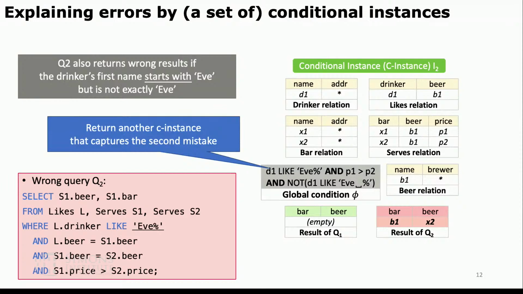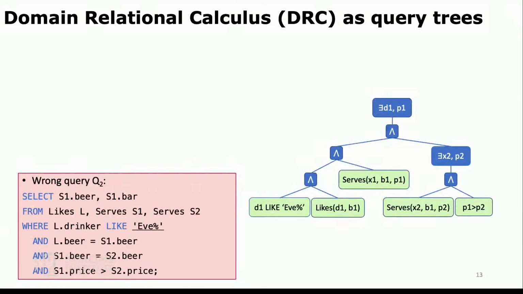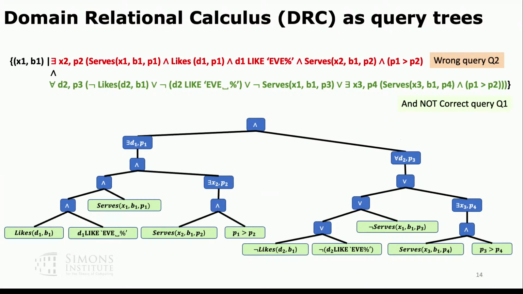So how do we get such conditional instances? We are not directly working with SQL; we are converting that to domain relational calculus. This is a query tree of this particular wrong query. When we have two queries, one correct and one wrong, we look at the difference Q2 minus Q1, that is, Q2 and not Q1.